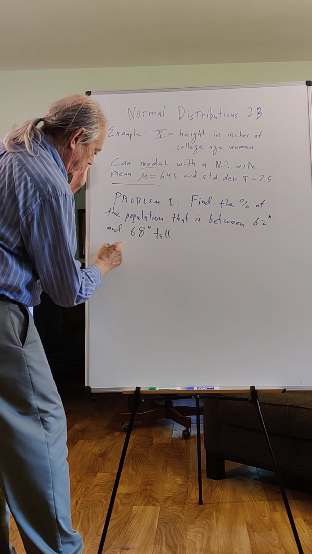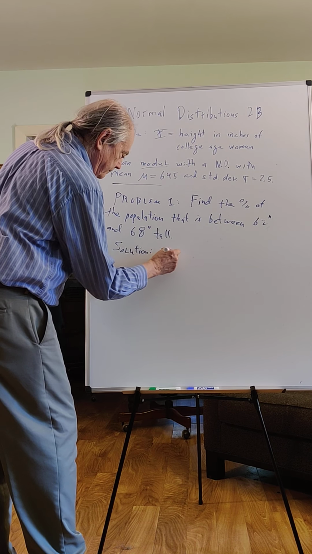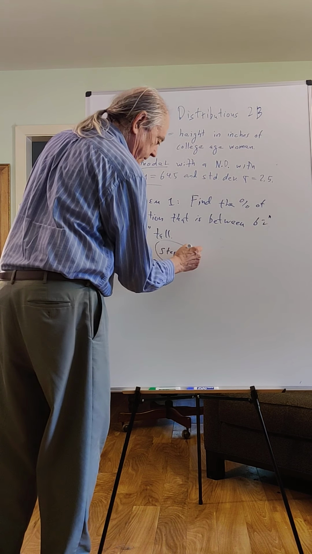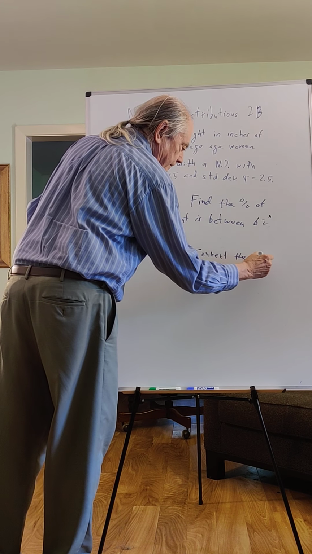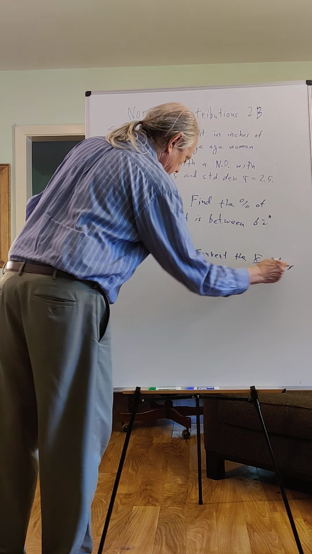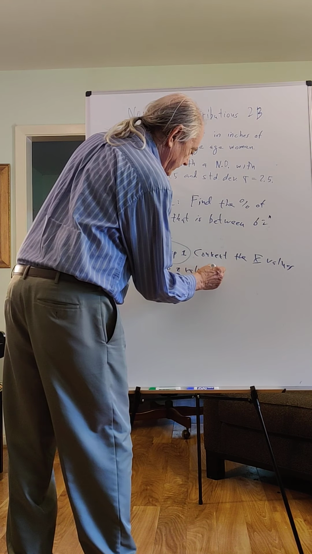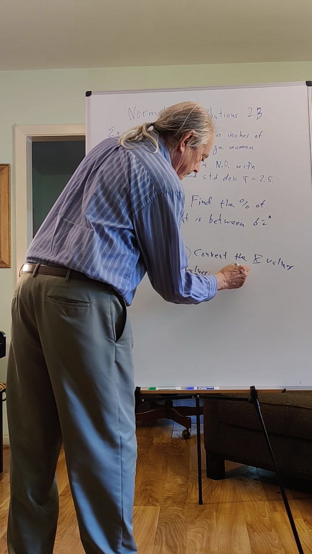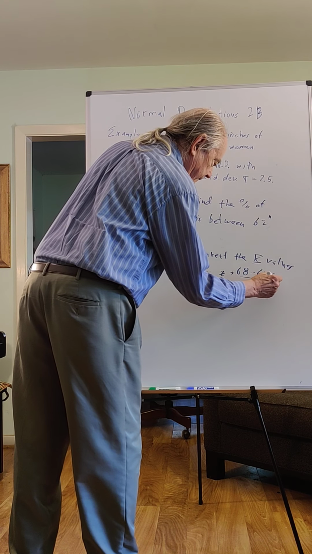All right, here's the solution. So step 1, convert the x values to z values. So 68 minus 64.5 over 2.5 is one of the z values.